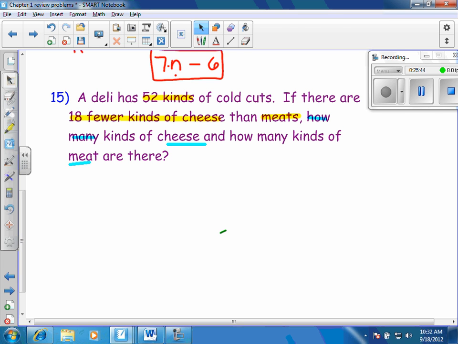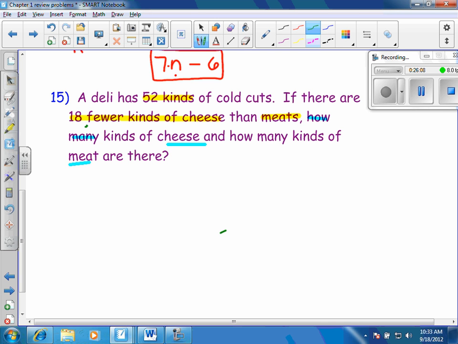So a deli has 52 kinds of cold cuts. So what we know is out of all of those cold cuts, there's meat and cheese. And we want to figure out how many kinds of meat and how many kinds of cheese there are if there's 18 fewer kinds of cheese than meats.